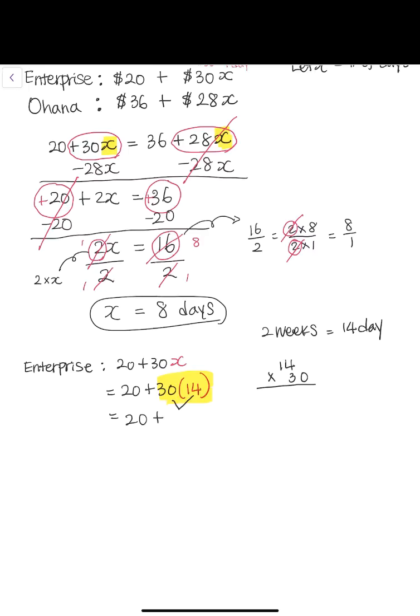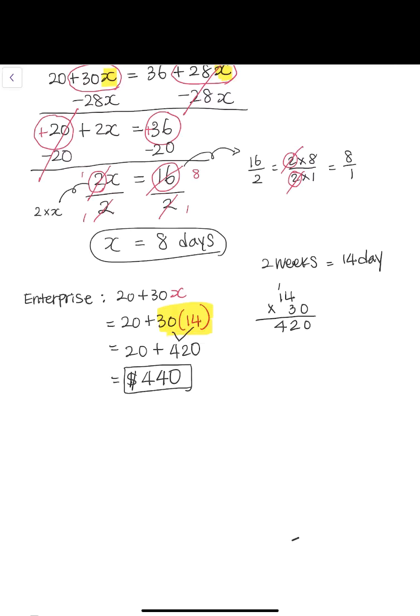I'm going to put the 0 on here. So 4 times 3 is 12, and then 3 times 1 is 3, plus the 1 carried up, and you bring down the 0. So it's 420. So 30 times 14 is 420, and you didn't do anything with 20, so you just bring down 20. And then 420 plus 20 is 440, and that's the price for the Enterprise company.